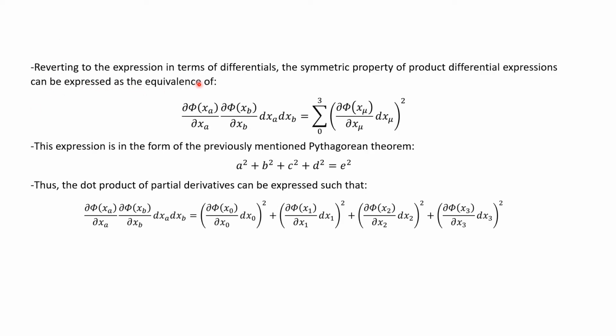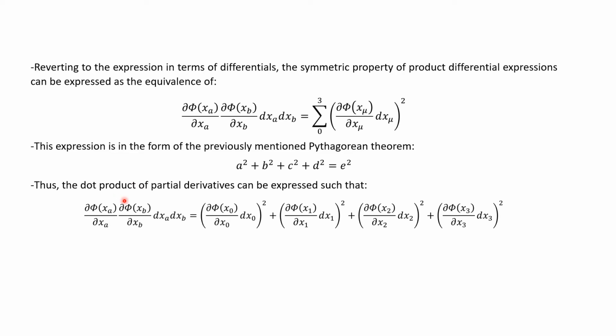Reverting to the expression in terms of differentials, the symmetric property of product differential expressions can be expressed as the equivalence of here. See, the product of these two differentials equals the sigma notation. This expression is in the form of the previously mentioned Pythagorean theorem.